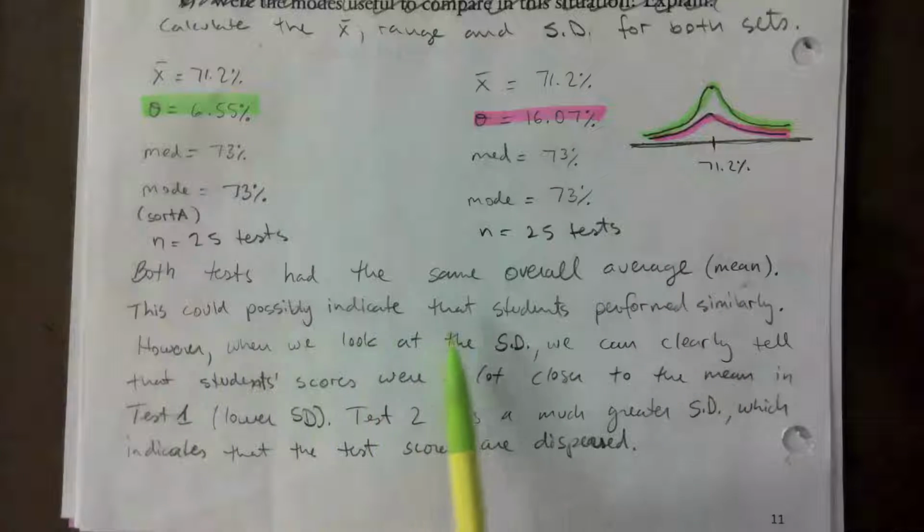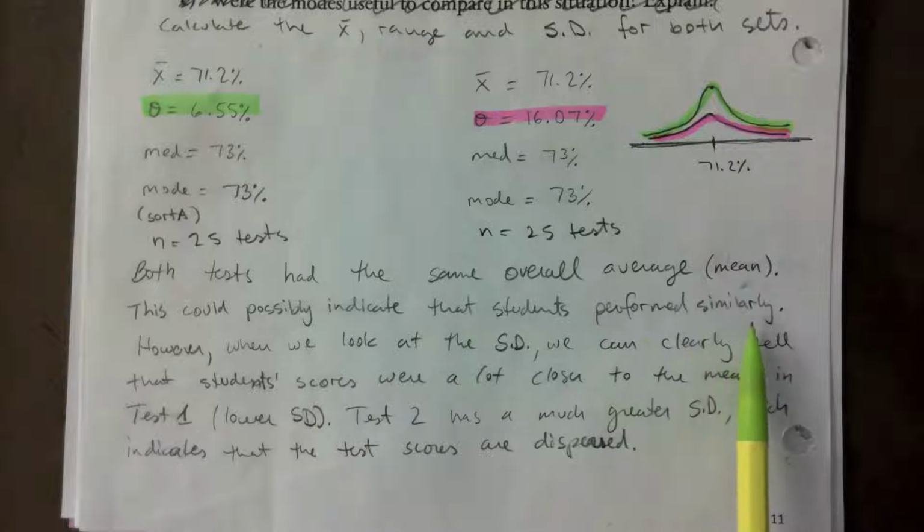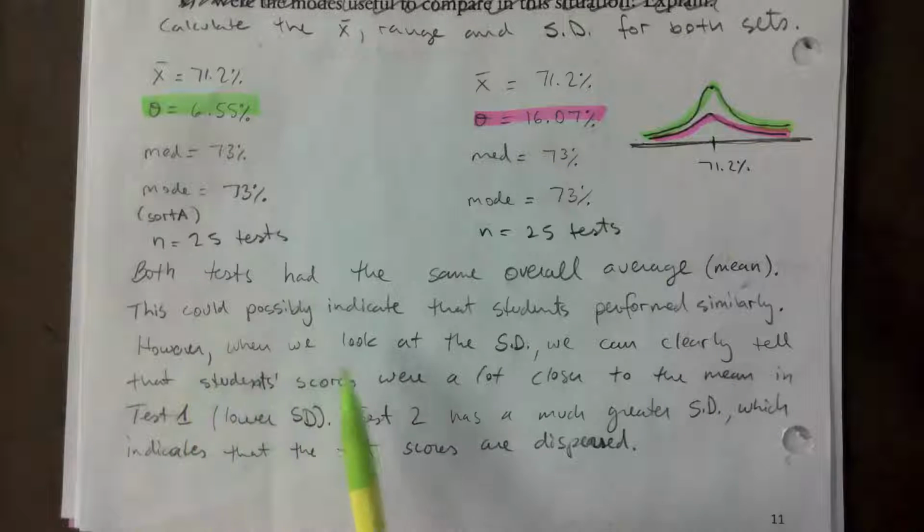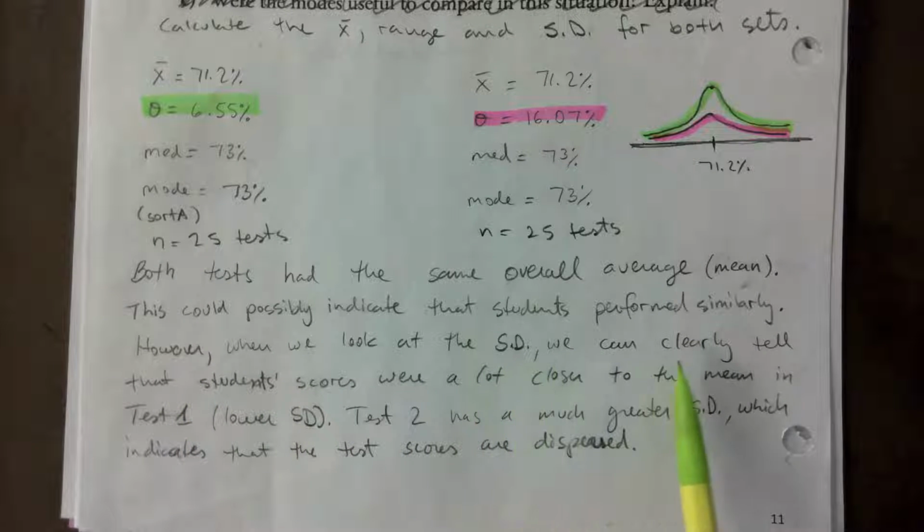This could possibly indicate that students perform similarly. However, when we look at the standard deviation, we can clearly tell that students' scores were a lot closer to the mean in test 1 due to the lower standard deviation. Test 2 had a much greater standard deviation, which indicates that the test scores are more dispersed.